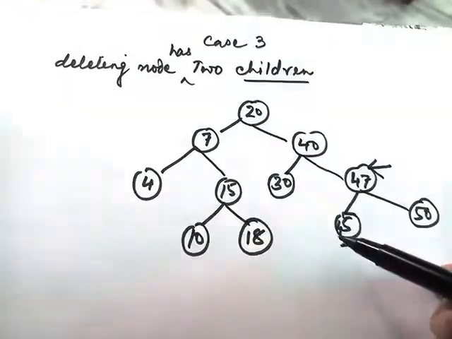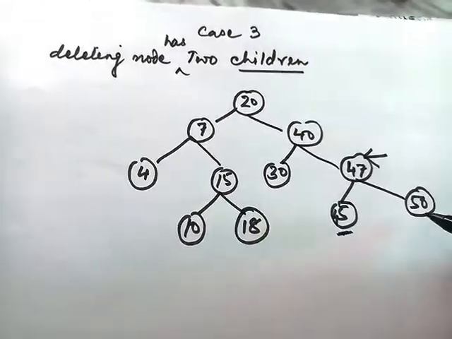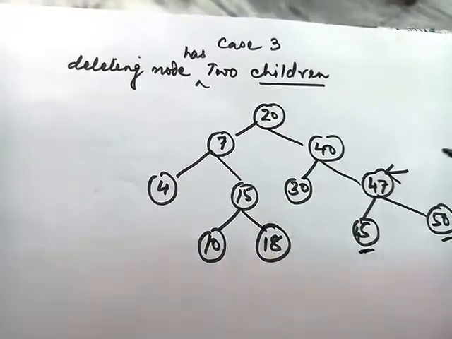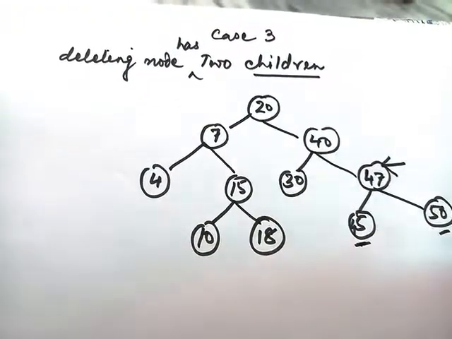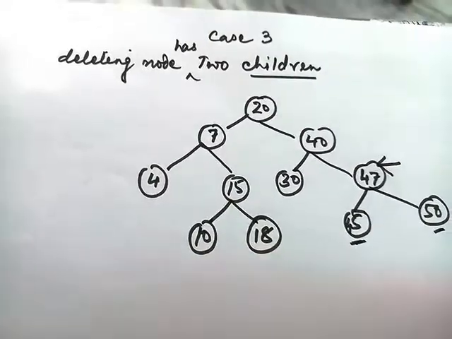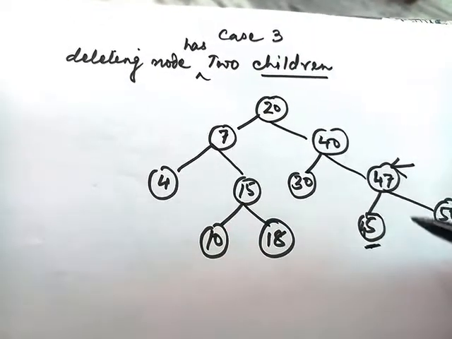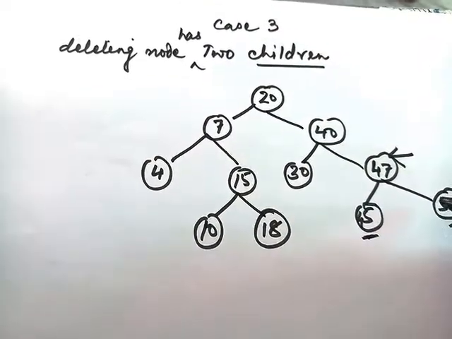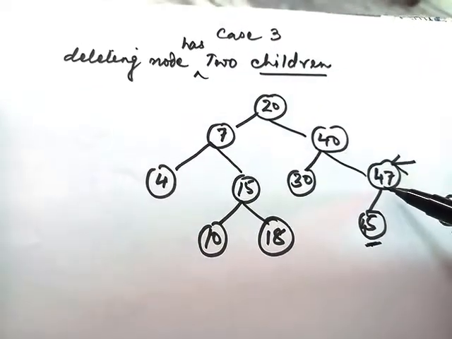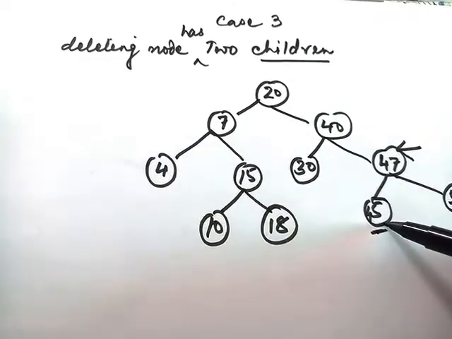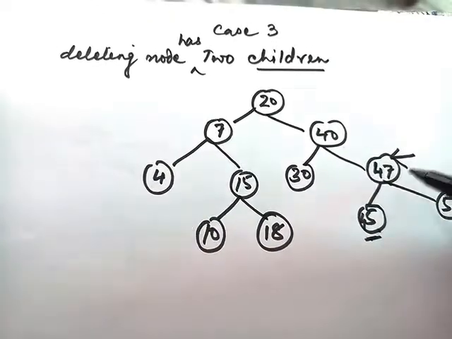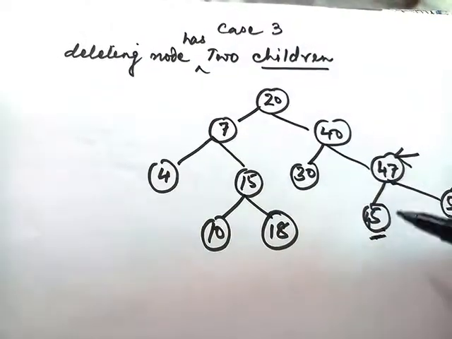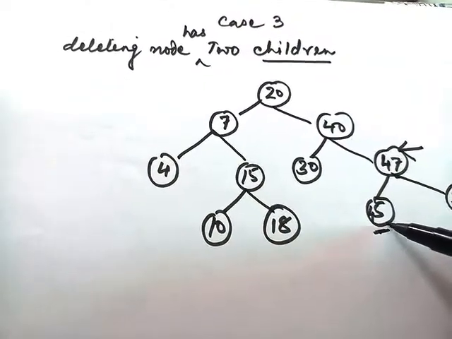One is the left child 45, and the right child, that is 50. What the rule says is that if the deleting node has two children, left and right, you have to find the in order successor or in order predecessor of 47. The in order successor of 47 is 50, and the in order predecessor of 47 is 45.